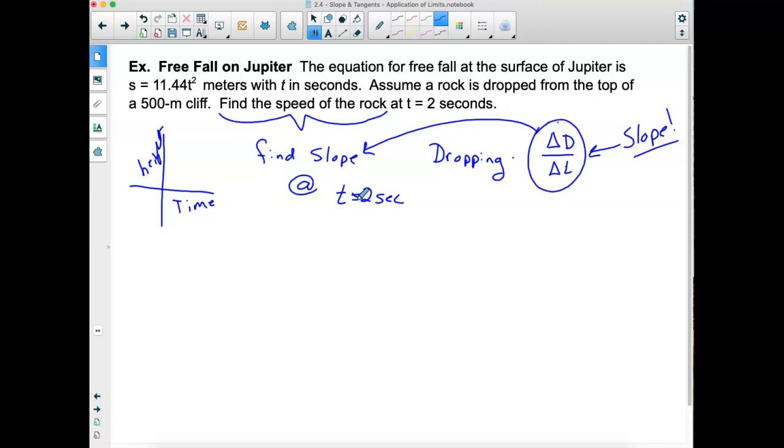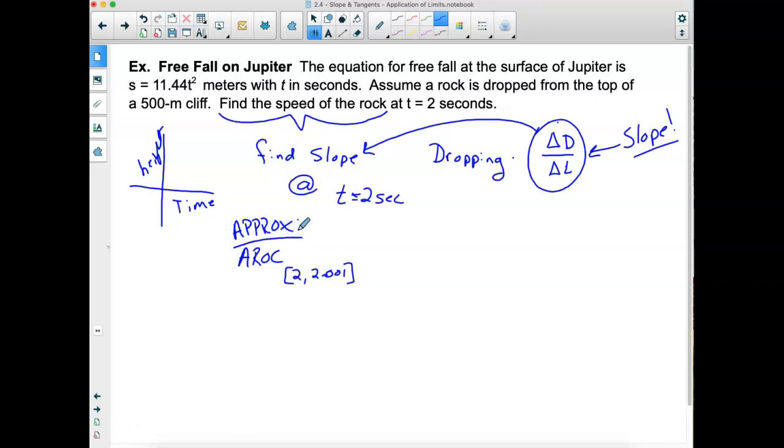This isn't really an average slope, so what I'm going to do is take my slope from 2 to get really close, 2.001. Okay, I'm going to do the approximation. I'm not going to go through this whole limit process again.